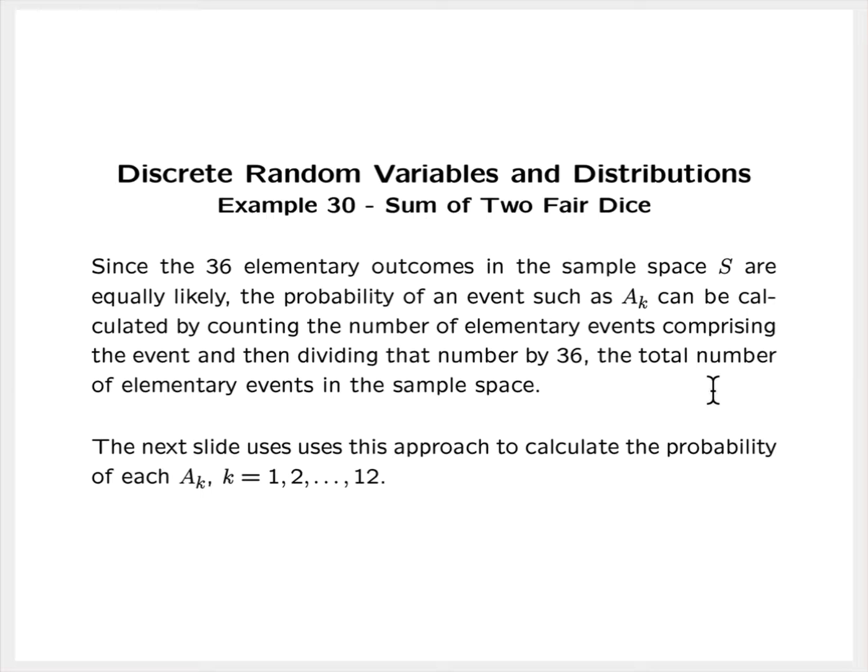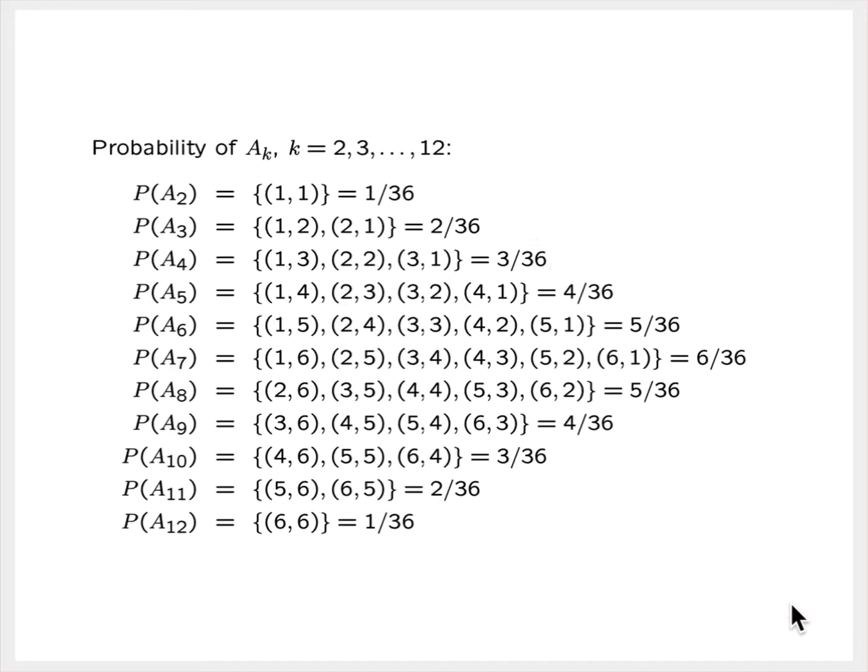And so the next slide shows how to use this approach to calculate the probability of each of the A sub k's, k going from, this says 1 to 12, it should be 2 to 12. And so the probability of A sub 2 is equal to 1 over 36 because there's only one elementary event in the sample space of the original experiment for which the sum of the two dice is equal to 2.